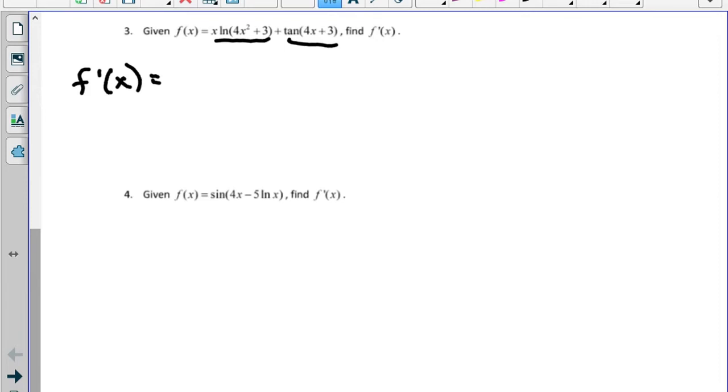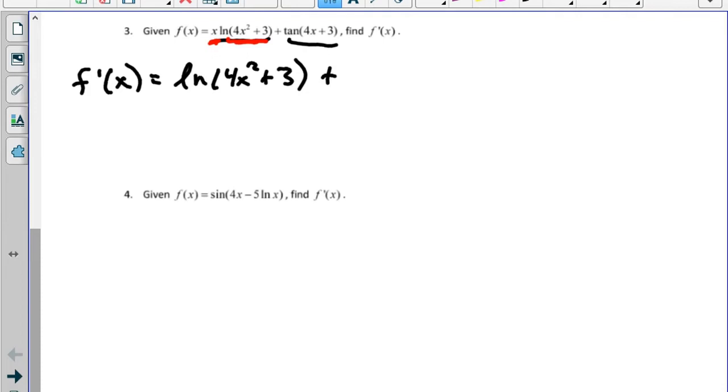So we have x times the natural log of 4x squared plus 3. So I'm going to take the derivative of the first part, which is x, and then we also have a second part, natural log of 4x squared plus 3. So the derivative of the first part, the derivative of x, is 1 times the second part, natural log of 4x squared plus 3. Now I'm going to add that to the derivative of the second part.